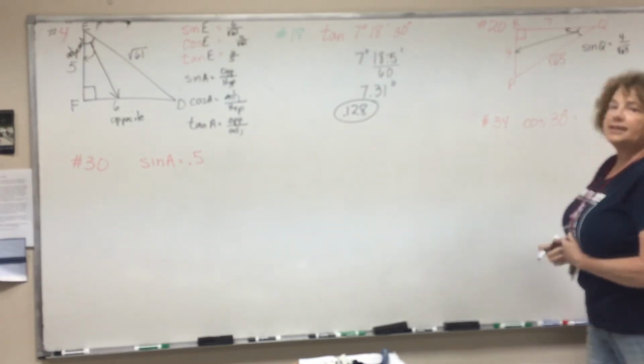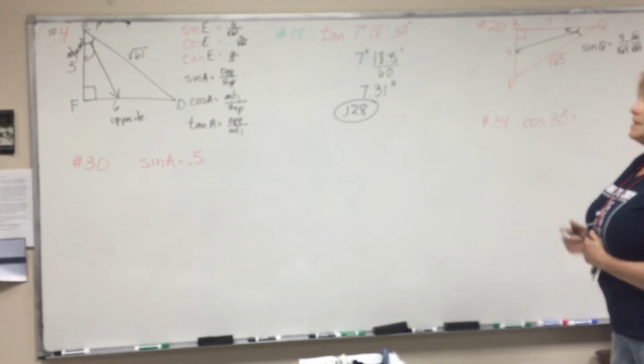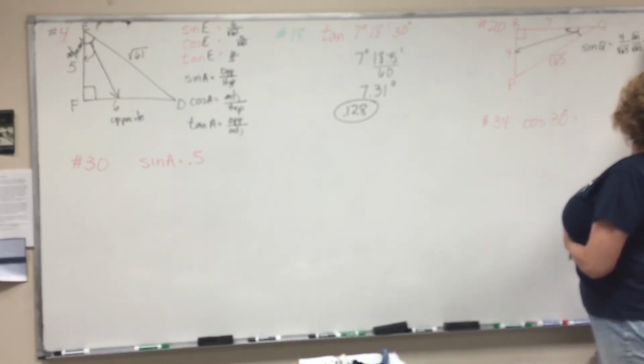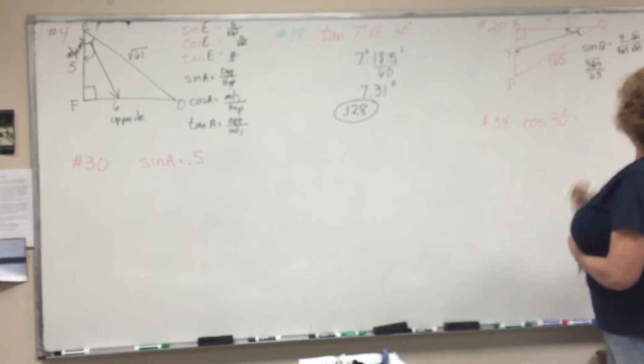And in this exercise, they want you to rationalize. So multiply top and bottom by the bottom. And you end up with 4 root of 65 over 65. I hope you can see that. 4 root of 65 over 65.